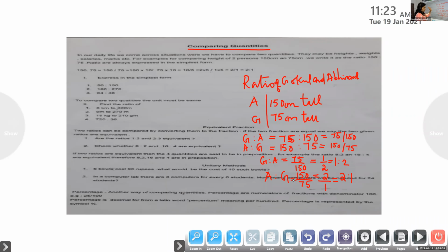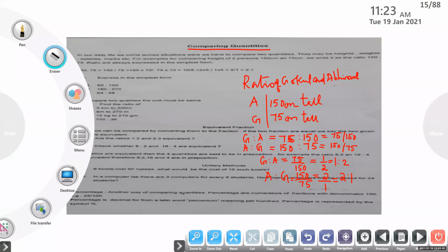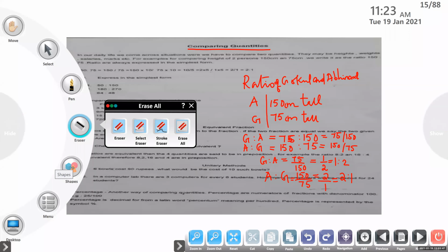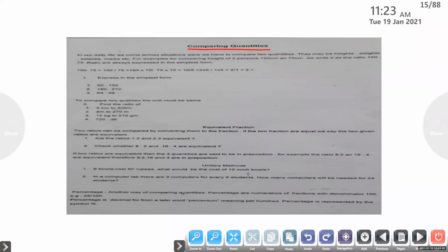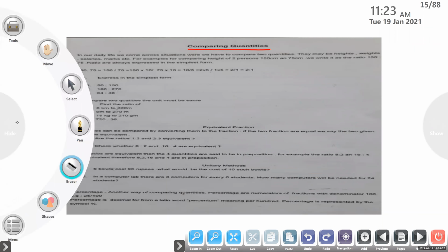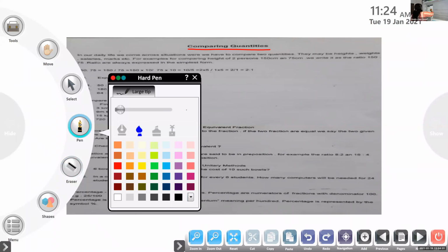Okay. So 3 things you studied. So first one, how do we use the ratio? We use the ratio for comparing two quantities. Very good. Comparing two quantities.